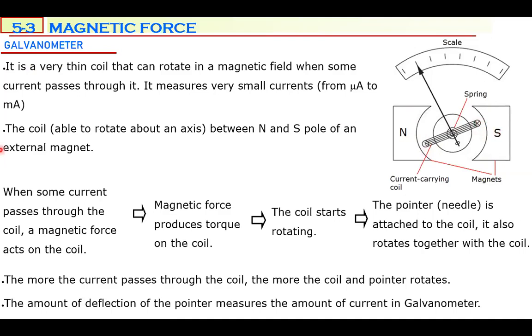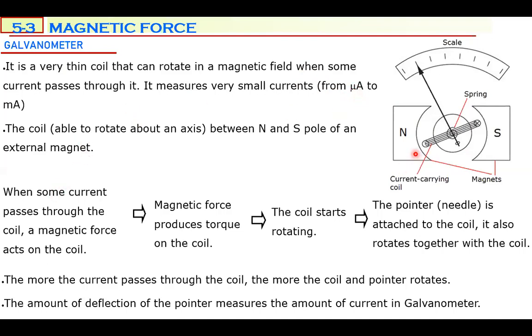The coil is able to rotate about an axis, this is the axis, between the N pole and S pole of an external magnet. So this galvanometer coil can measure very small currents from microampere to milliampere, or very small potential differences from microvolt to millivolt.